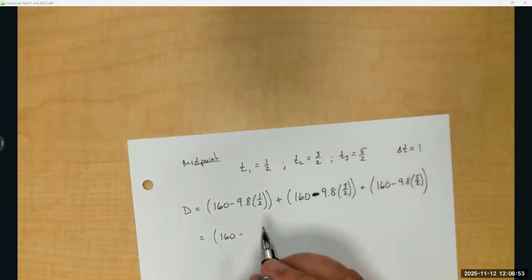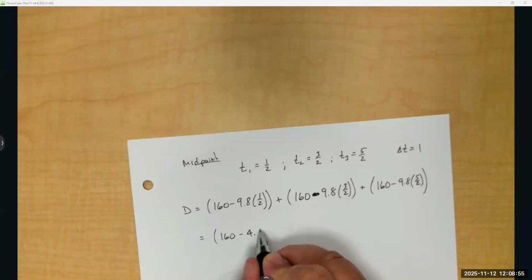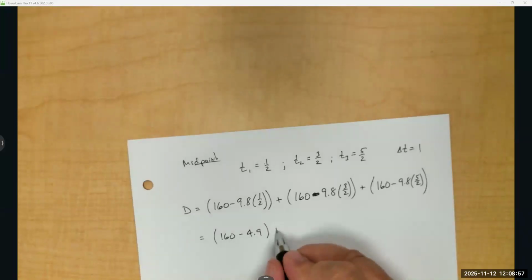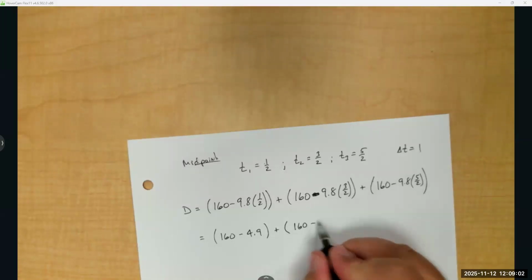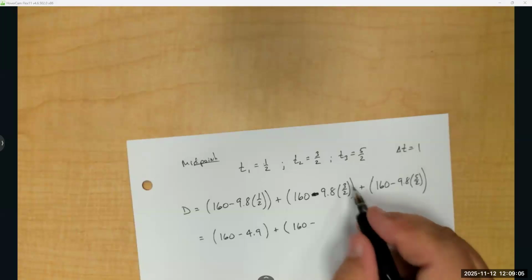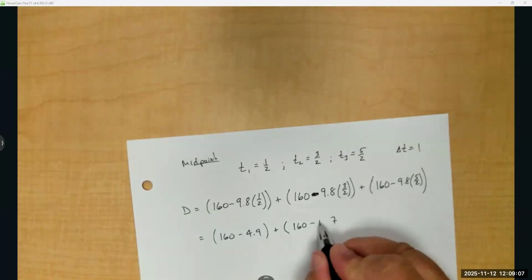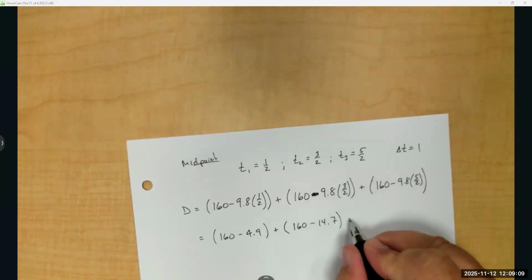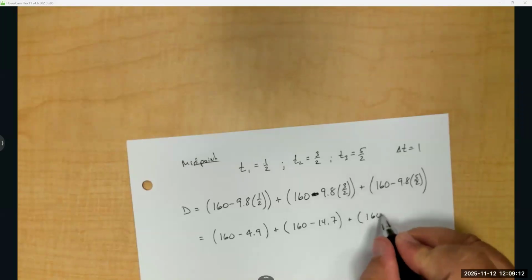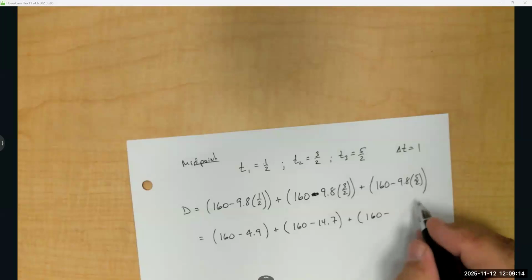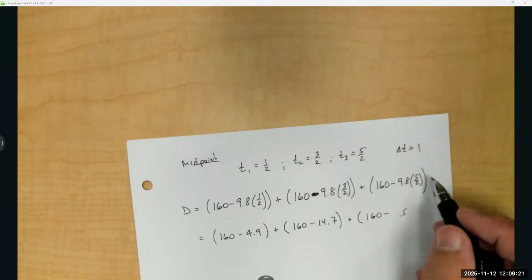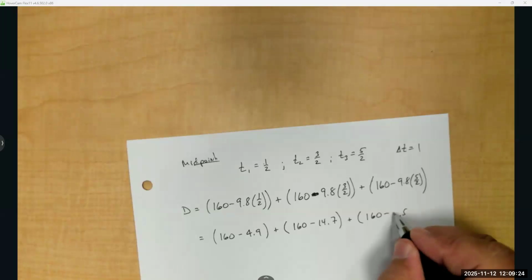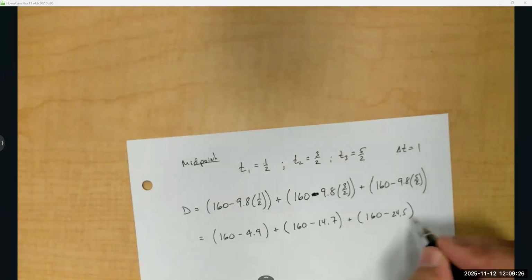9.8 divided by 2 is 4.9. 4.9 times 3 is 14.7. 4.9 times 5 is 24.5.